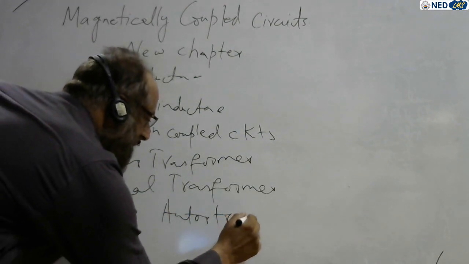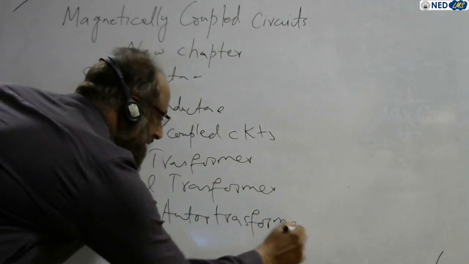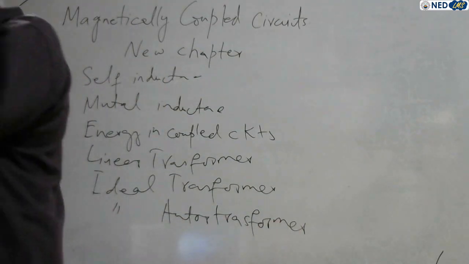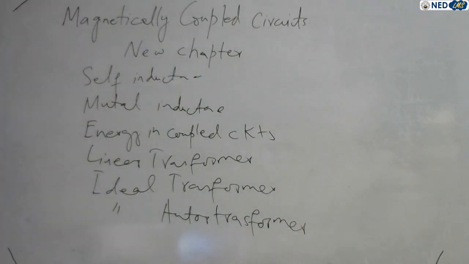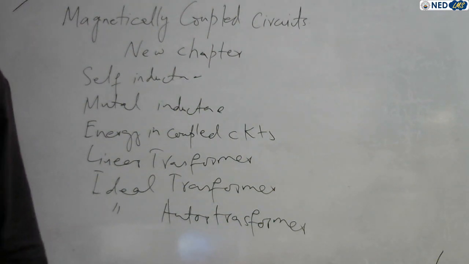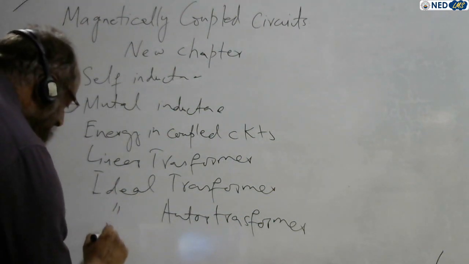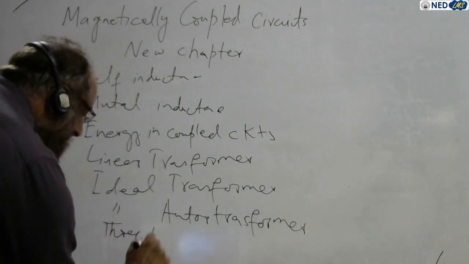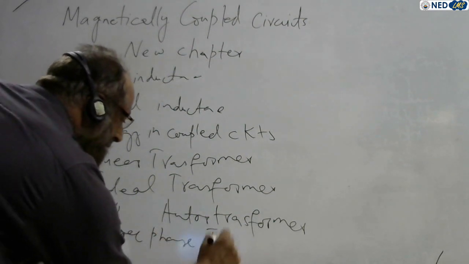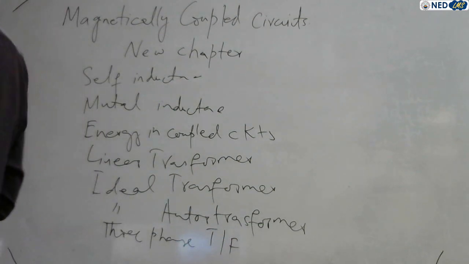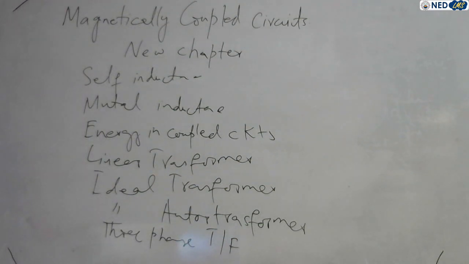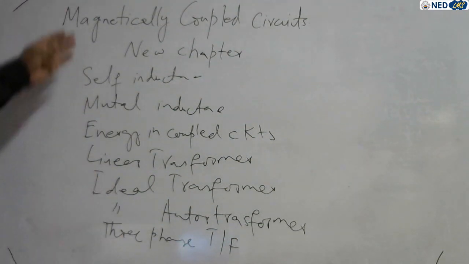What is an auto transformer? An auto transformer has only one winding, and that one winding is shared by both the sides, that is primary and secondary. And finally, the three phase transformer. So in this chapter we cover these topics.